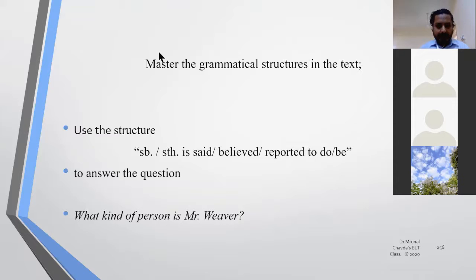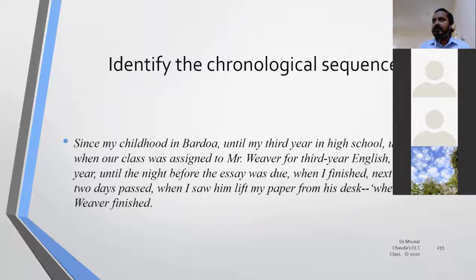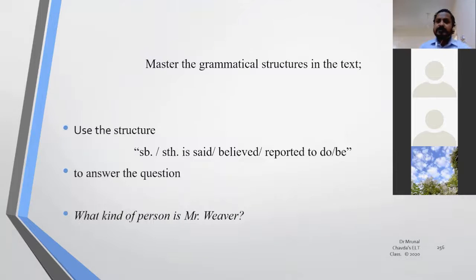For example, the text is like this. What kind of person is Mr. Weaver? And if you remember, we gave this paragraph. So now, considering this paragraph, the students are supposed to answer what kind of person is Mr. Weaver?